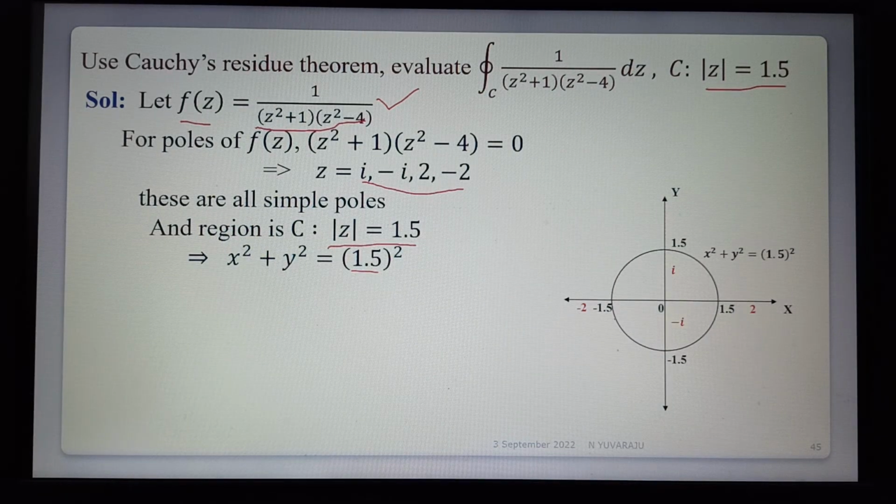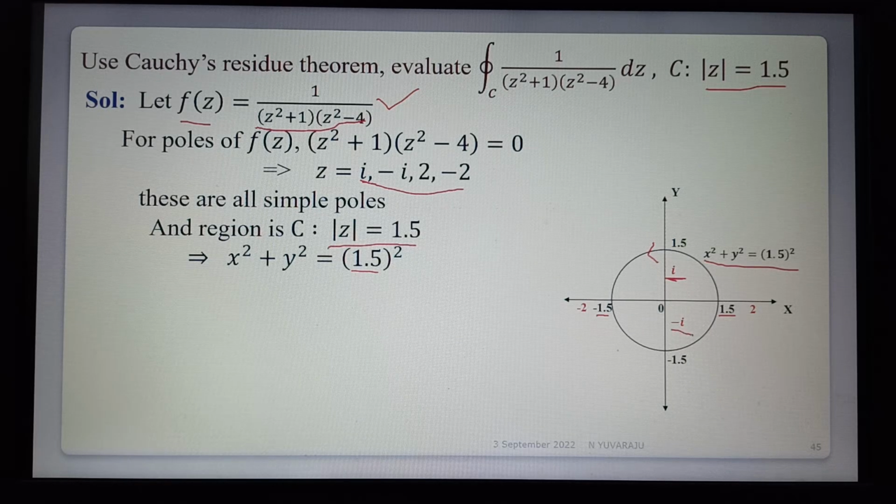See the graph. So this is a circle with radius 1.5. So the points here: first point I, which is on the imaginary y-axis. Next, minus I is also on the imaginary y-axis.